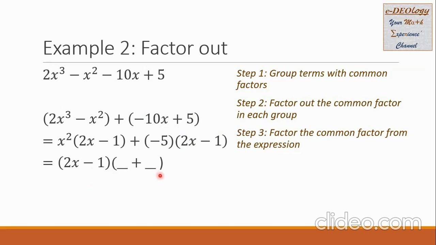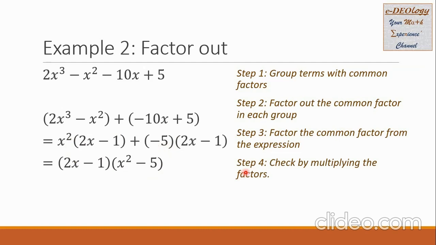And for the second factor, I put 2 blanks because since I have binomials in here, I should have a binomial also in the second factor down here. And then to collect the remaining terms after removing the common factor, from group 1, x squared I should copy down here. And for the second group, the -5.